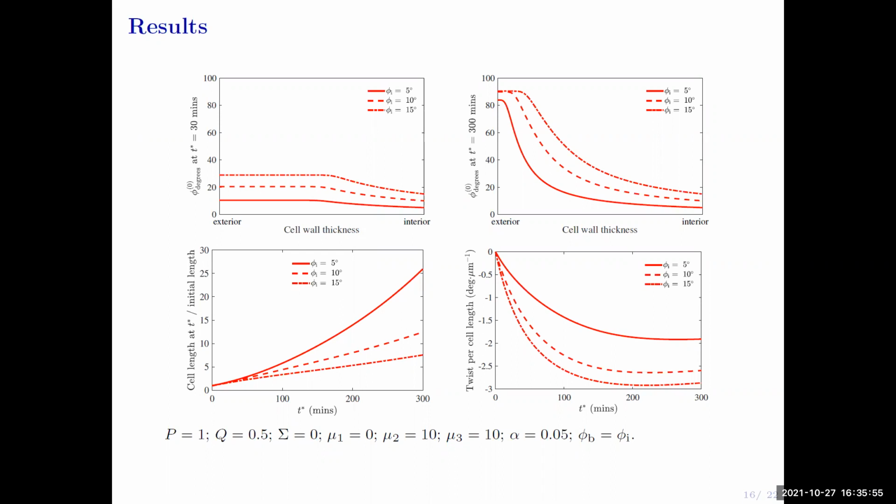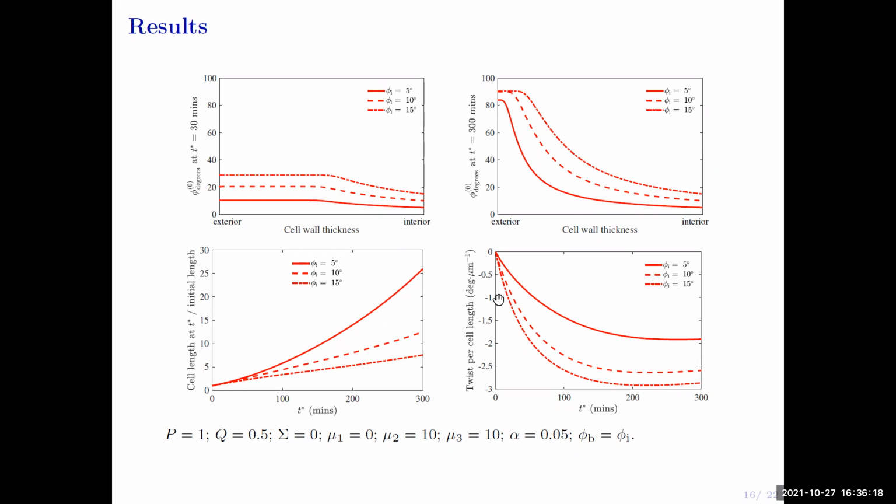And in this case, the system has a nice symmetry, which is reflective about phi I equals 0. What I mean by that is, if we had done phi I equals, say, minus 15 degrees, so the initial fibers form a left-handed helix at 15 degrees, then it will have no effect at all on the cell length function over time.